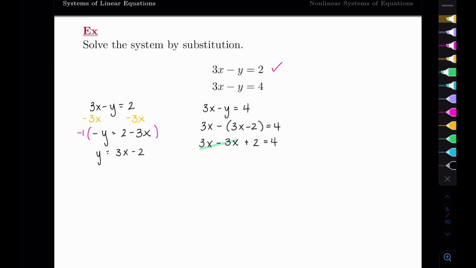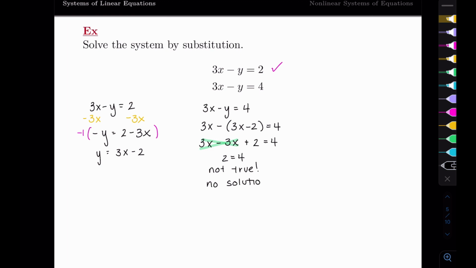And now we run into a little bit of a problem because the 3x's cancel, and I end up with 2 equals 4. Because I end up with something that is never a true statement, this is that case where there is no solution to this system.